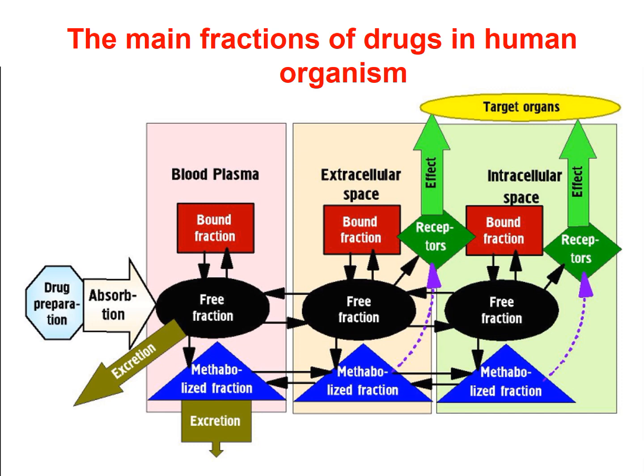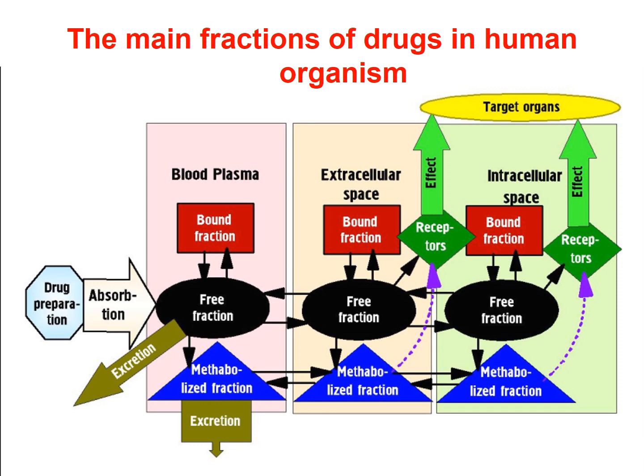And only the free fraction of the drug can be excreted from the body, can be metabolized in the liver, and can produce pharmacological effect in the human body due to the binding with specific receptors or other targets in our body.